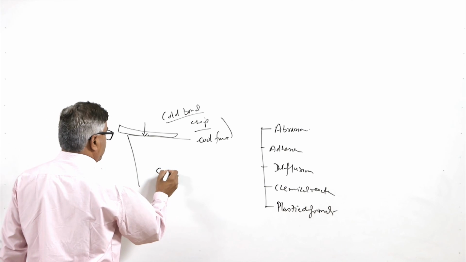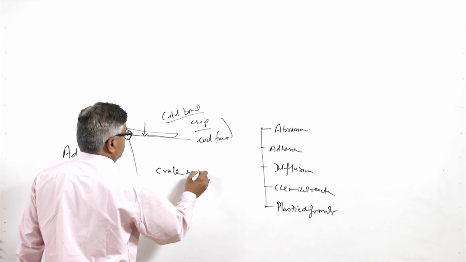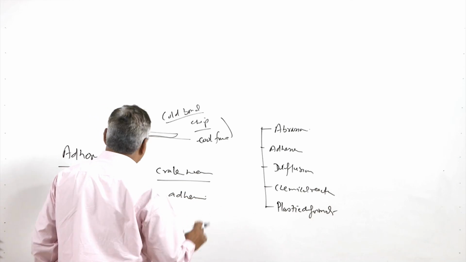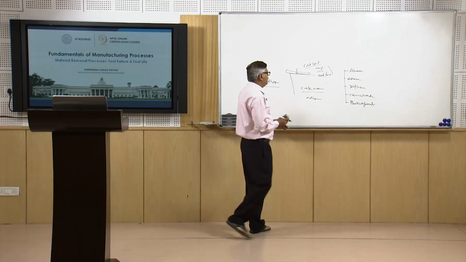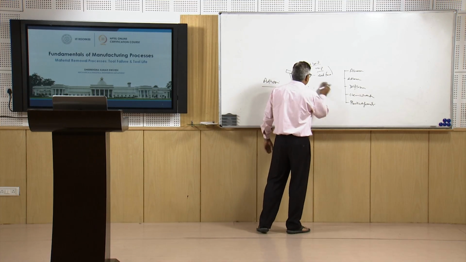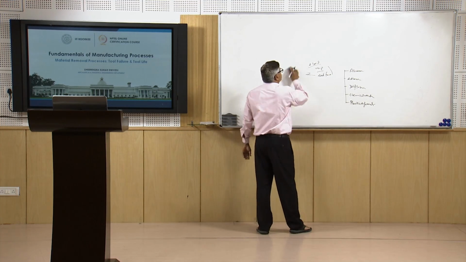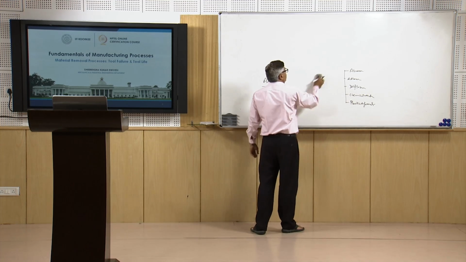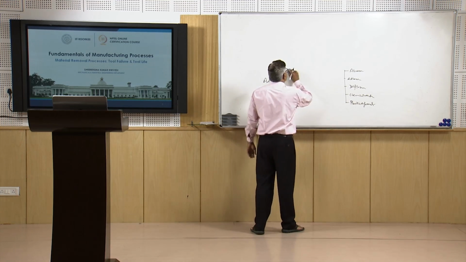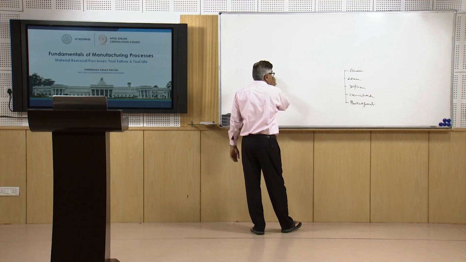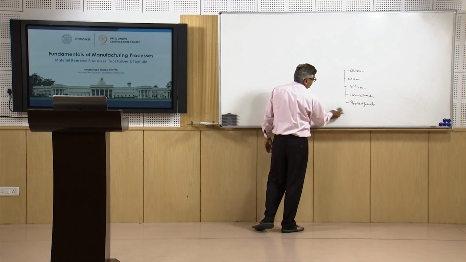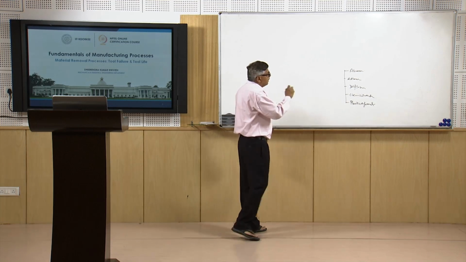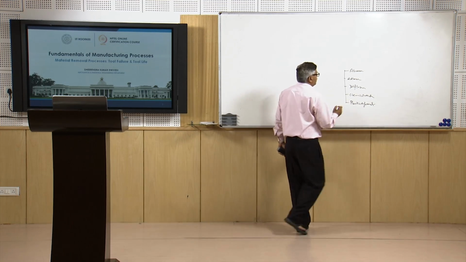So, crater wear is primarily caused by the adhesion occurring between the tool and the chip at the tool chip interface. The higher the temperature, the lower the hardness, and this in turn increases the adhesion between the chip and the tool rake face.